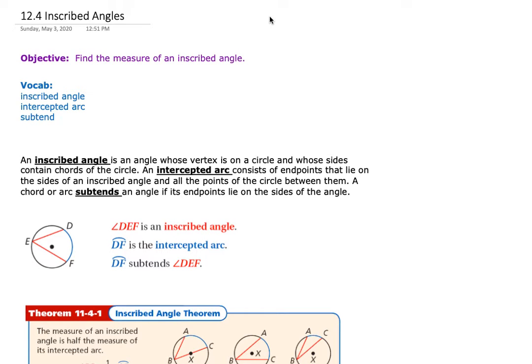And a chord or arc subtends an angle if its endpoints lie on the sides of the angle. So you can see the inscribed angle right here, angle DEF, and then the intercepted arc is arc DF, and then you can say arc DF subtends angle DEF.